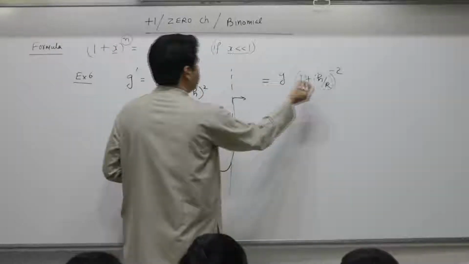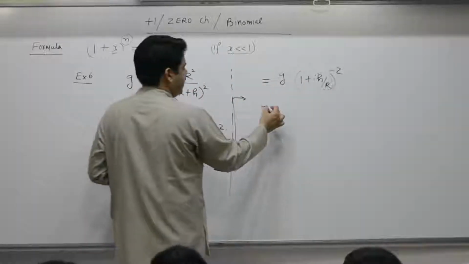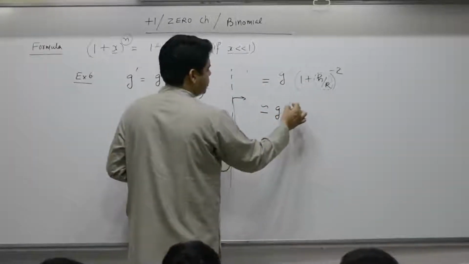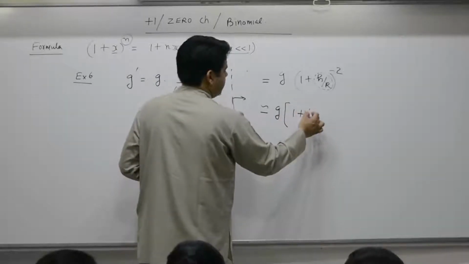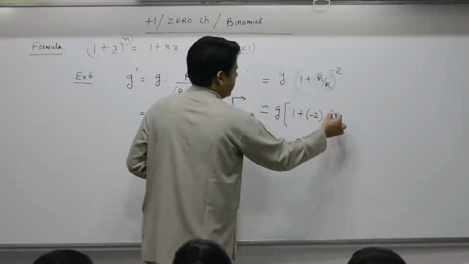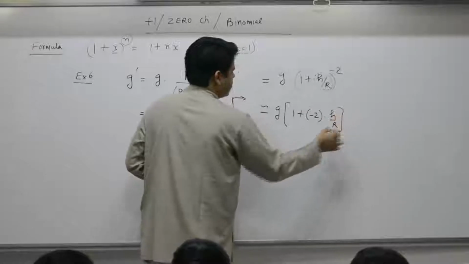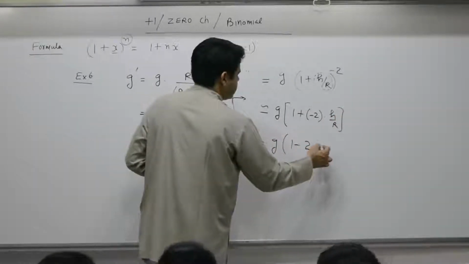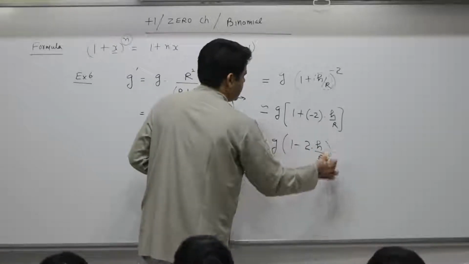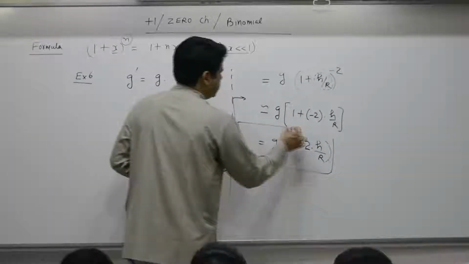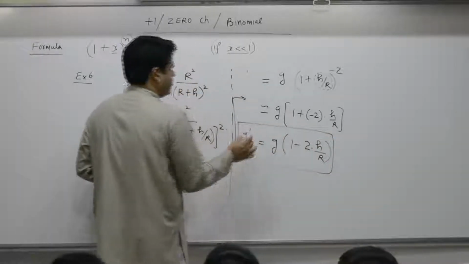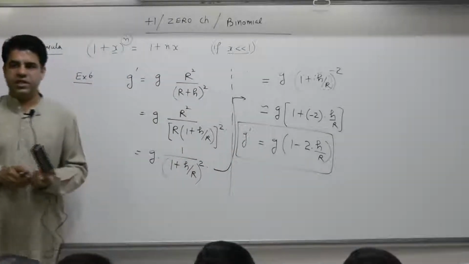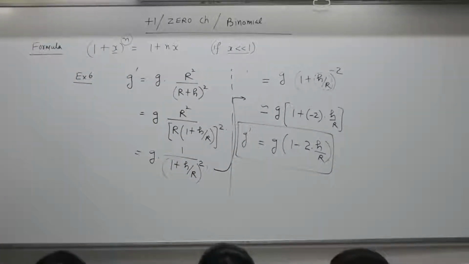That is why this value is very small in comparison to 1, and I can write almost equal to 1 plus nx, which is equal to 1 minus 2h by R. g dash is equal to g into 1 minus 2h by R.